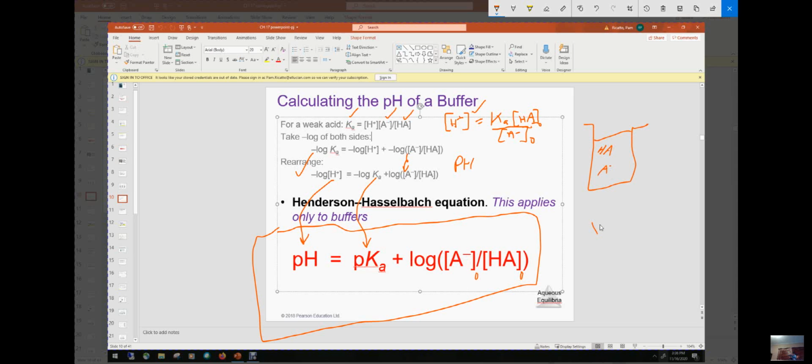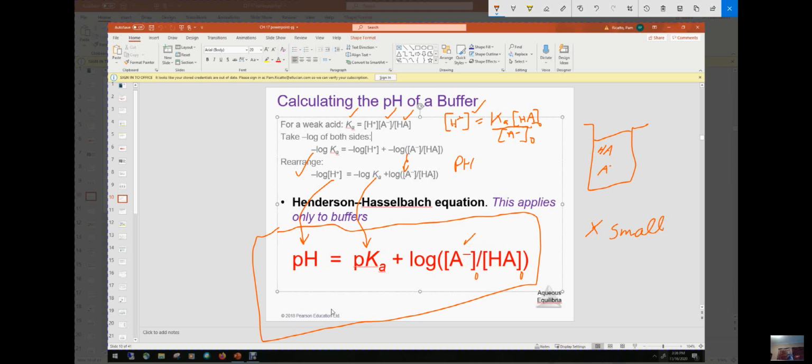Okay, so X is small, and if X is small, we can drop the X's from these two pieces in our ICE equation, and that will make this, instead of being A minus plus X and HA minus X, they're just the initial concentration of A minus and HA.